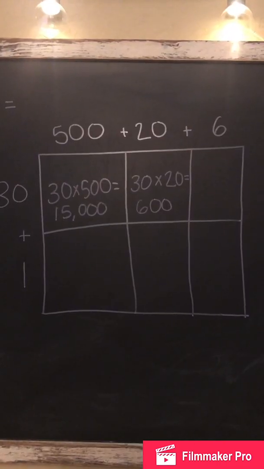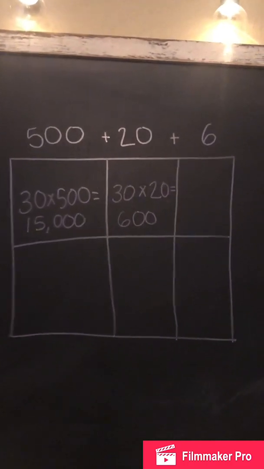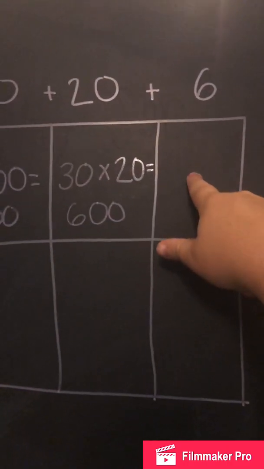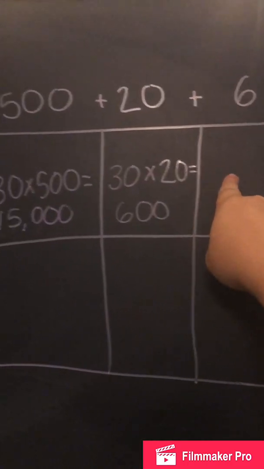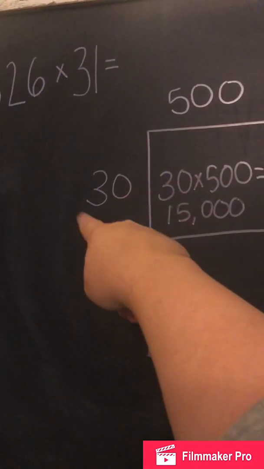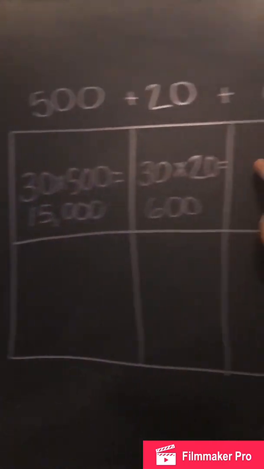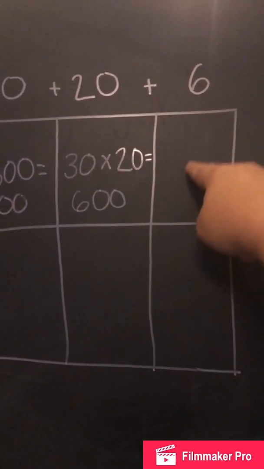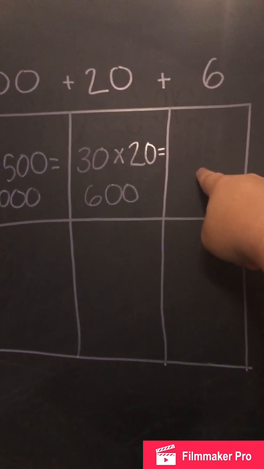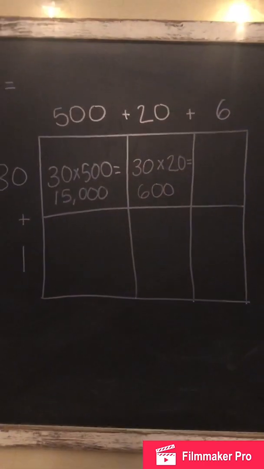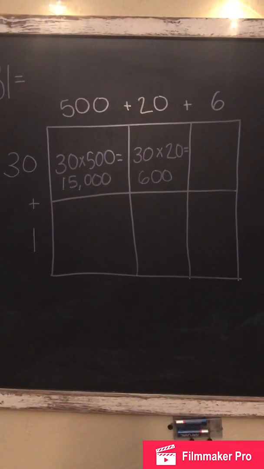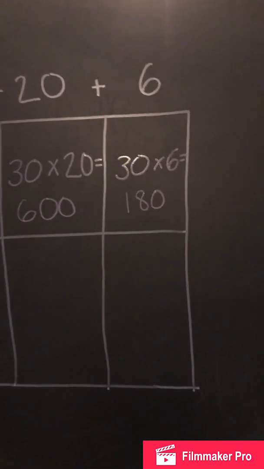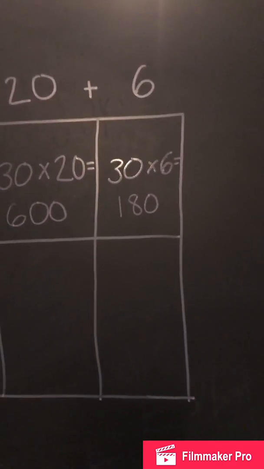I can begin working on my third box. Again, I want to start by placing my finger in this box. I'm going to go all the way over. I see I have a 30. I go back to my third box. I go up, and I see I have a 6. So in this third box, I know that I'm going to have 30 times 6. 30 times 6 equals 180.